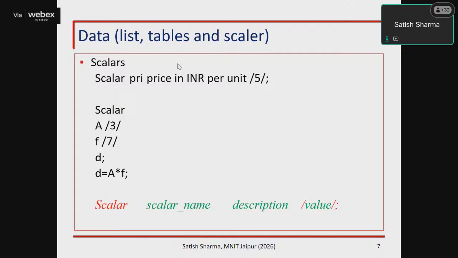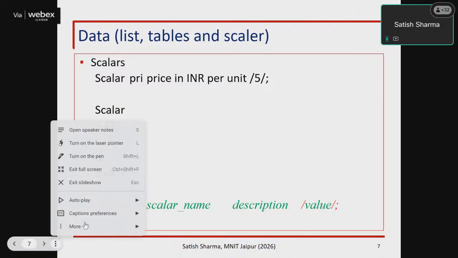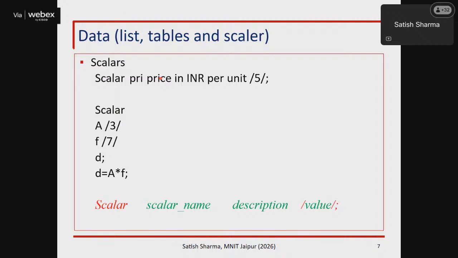So like here if you see, I have used PRI as the name of the scalar, not P, not price. I used PRI as the name. Then the description I have mentioned is this. Instead of a single word description, this time I have mentioned a long description, price in rupees per unit.